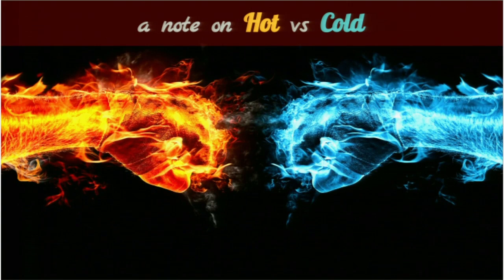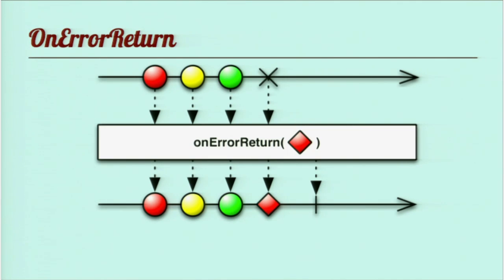Okay, so that was retry and the side note on hot versus cold. And there are other ways of managing errors in RxJava. So we saw that the most basic one is implementing on error in your observer when you subscribe to your stream. But then you can choose to do things a little differently. So for instance, you have on error return that will fall back to a predetermined value if there is an exception.